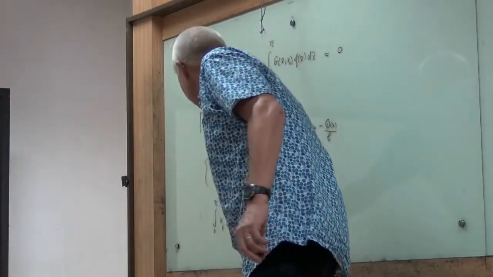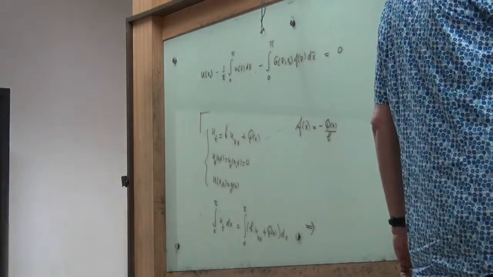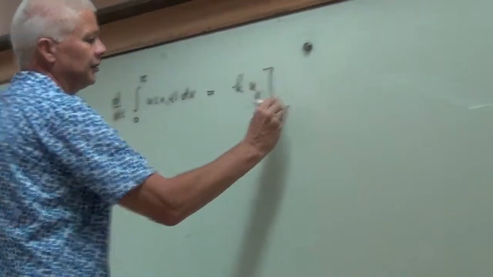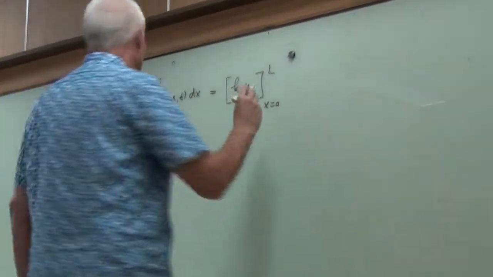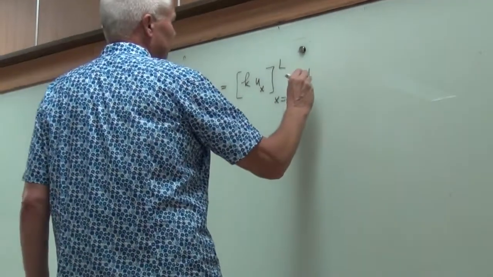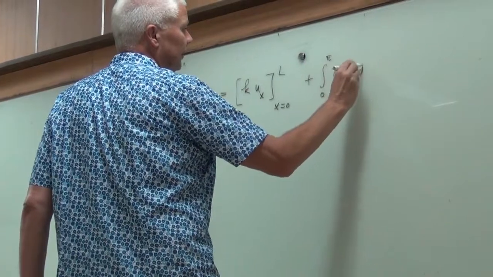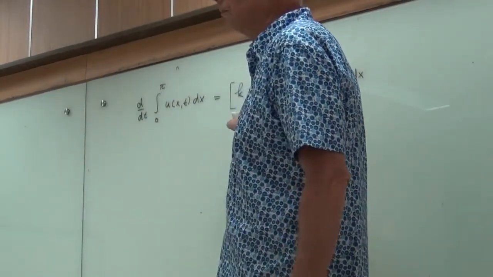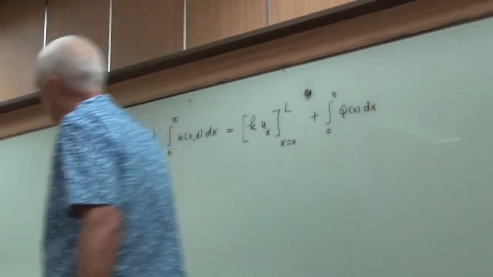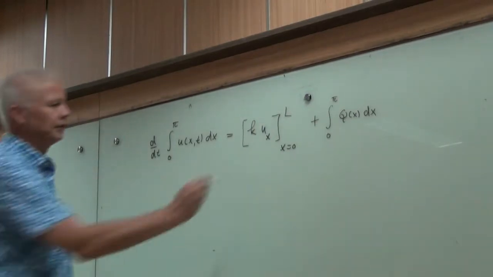I have to integrate this term, k times u_xx. I can immediately integrate that. That gives me k u_x between x is 0 and pi. And then I have plus the integral from 0 to pi of q(x) dx. What do I know if I substitute the upper bound? 0. What do I know if I substitute the lower bound? 0. Because I have these boundary conditions. There is no heat flow.